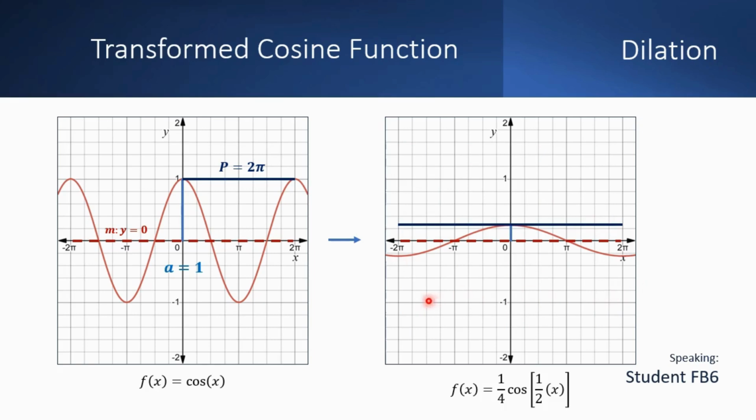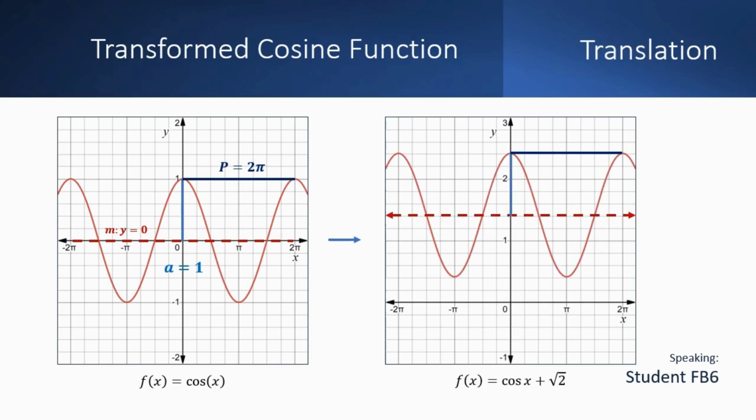As you can see, it's stretched horizontally and shrunk vertically. And yet another example, another type of transformation. Here we have translated the graph of our parent cosine function. We moved it from its original position to another.